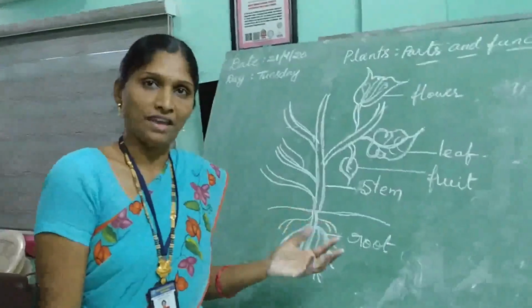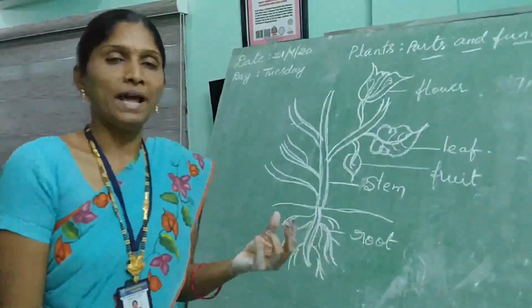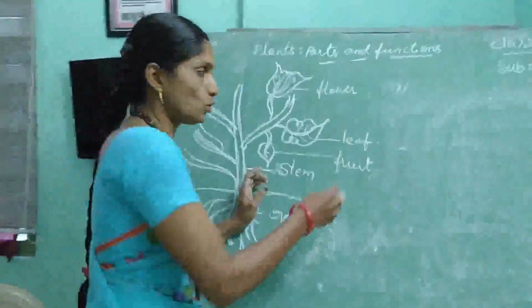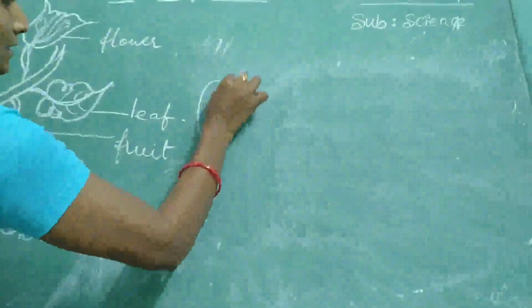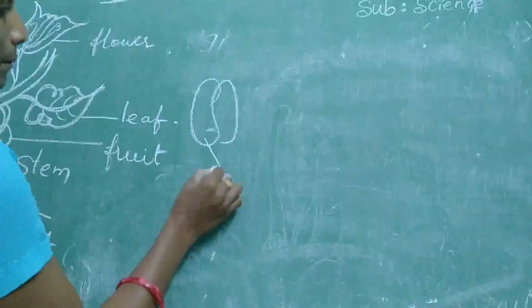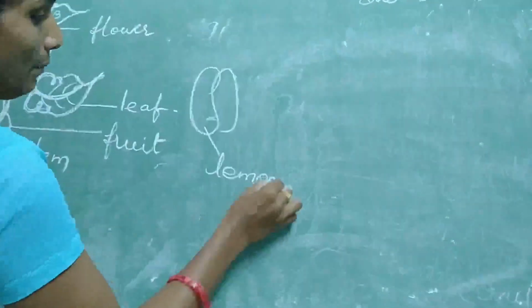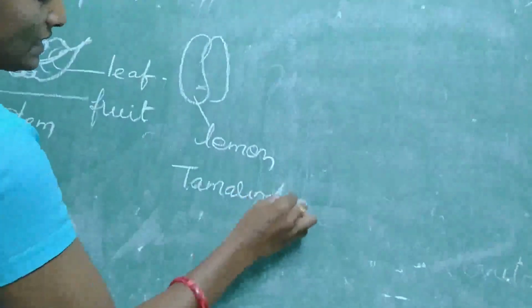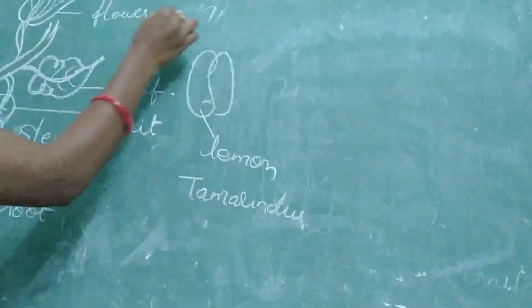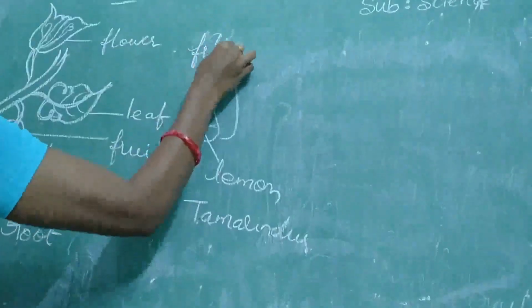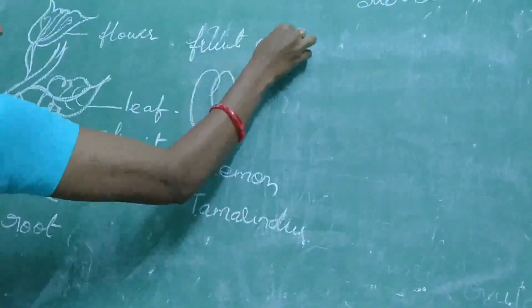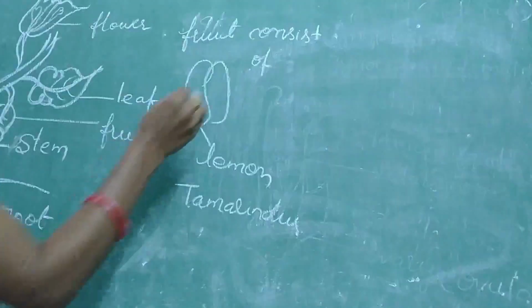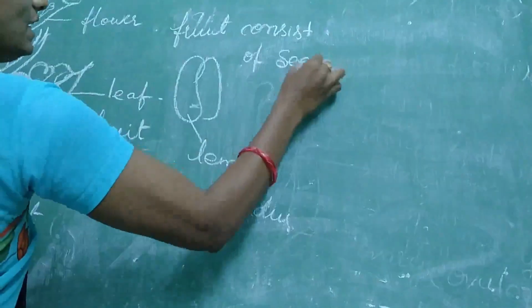Dicotyledonous plant seeds have 2 parts, like lemon, tamarind, etc. A fruit consists of seeds.